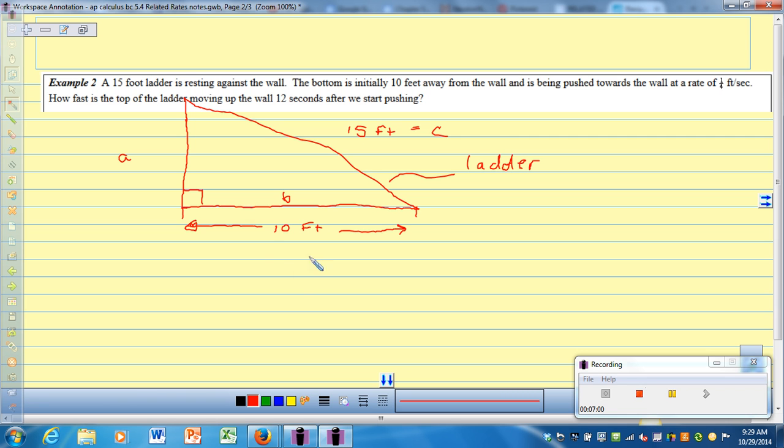B, B, B, C. And is my length getting bigger or smaller? Smaller. So my rate should be negative. Okay, feet per second.